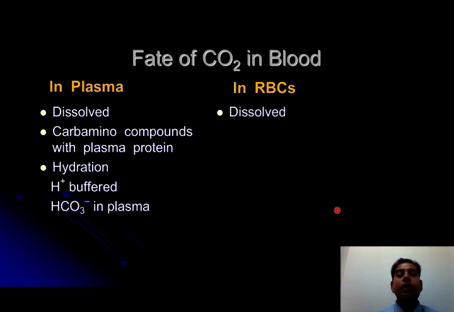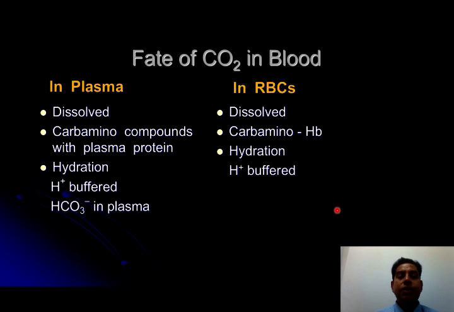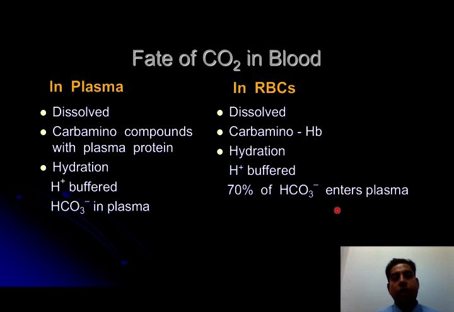Similarly, in the RBC, the carbon dioxide can be transported in the dissolved form, or it can form carbamino compounds, or it can be hydrated with water to form carbonic acid, which is broken down into hydrogen and bicarbonate. Now, this hydrogen is buffered with the hemoglobin, and 70% of the bicarbonate enters the plasma to be transported. Every time the bicarbonate leaves the RBC, chloride moves into the RBC. This is what is called the chloride shift. So this is the fate of carbon dioxide in the blood.